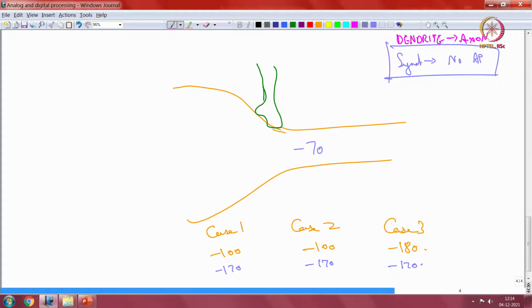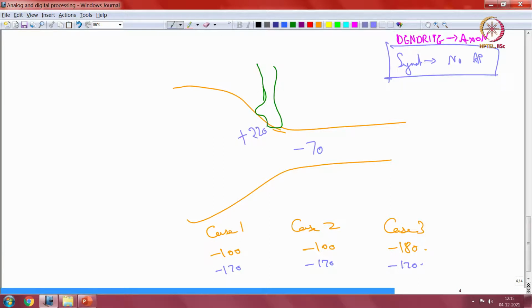But suppose we have a big synapse which is sitting over here and produces, I need some large current. So, and it is okay. So, we look at something like plus, yeah, it should be high 220.